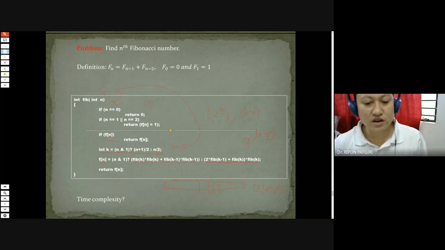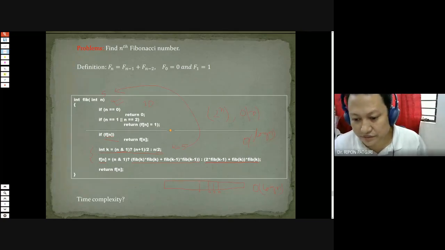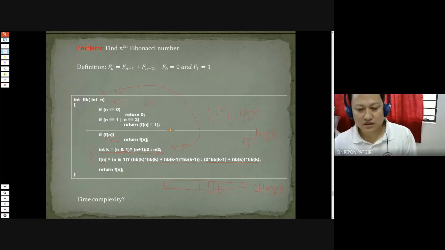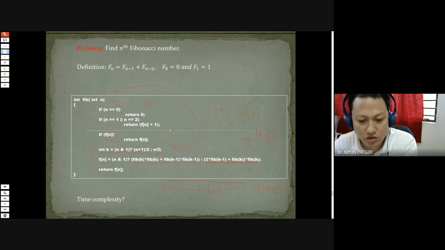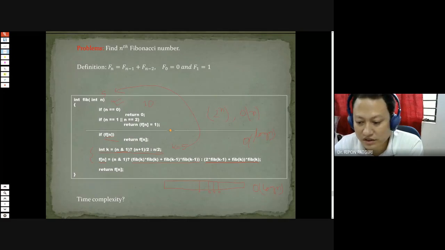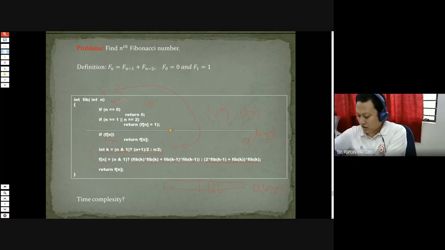If you have already solved the problem, then there is no need to compute it again, just return that value. If you have not solved the problem, you do it by dividing the problem into half. So this time complexity will take big O of log n. Now this is a log n solution.